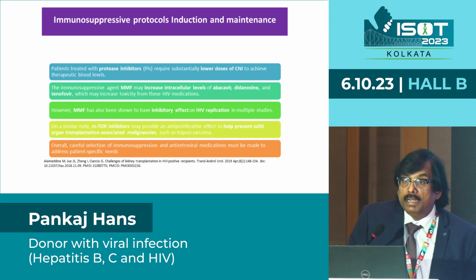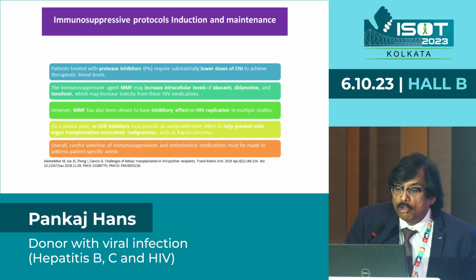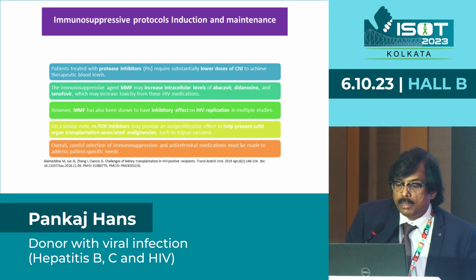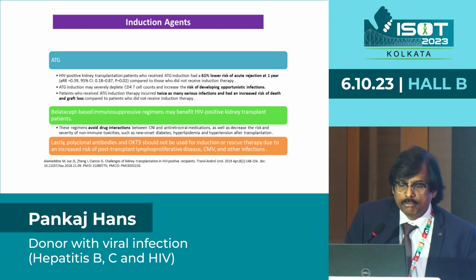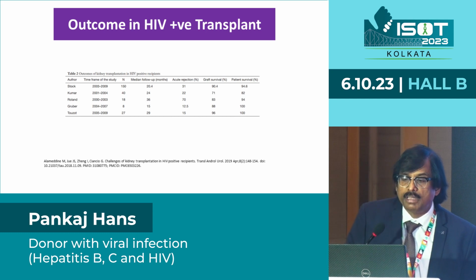MMF has an inhibitory effect on HIV replication in multiple studies, and mTOR inhibitors prevent solid organ transplant associated malignancies. So it should be done carefully. ATG is to be avoided because it increases the risk of infection. Overall, the graft survival and patient survival is quite satisfactory.